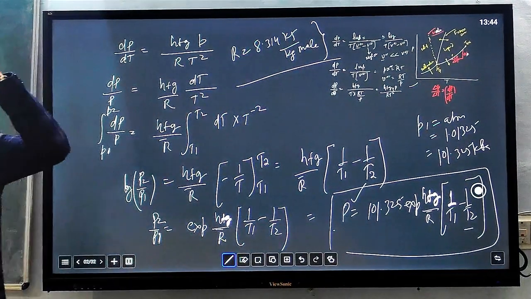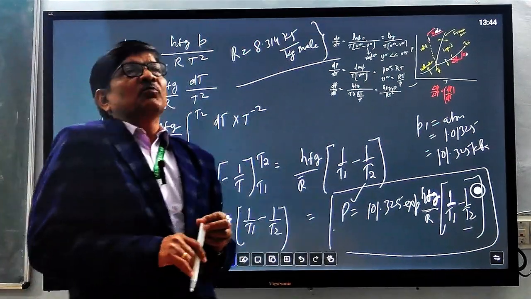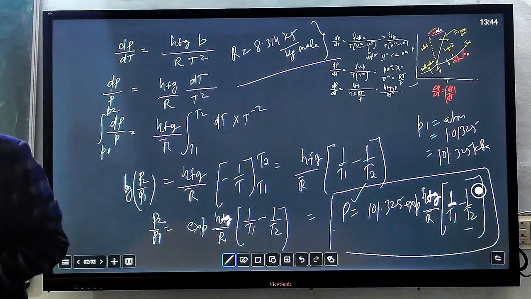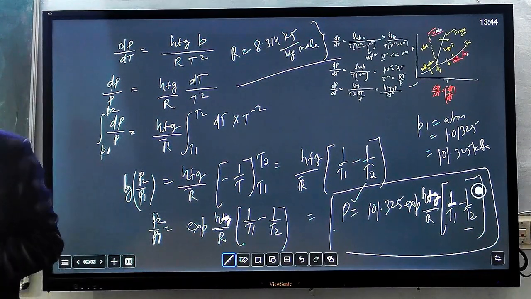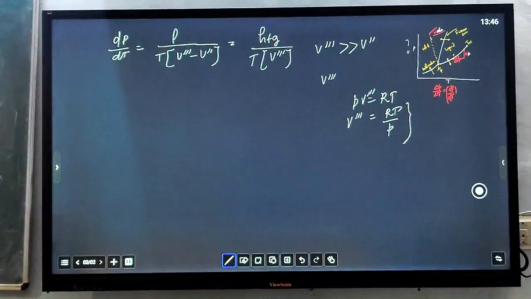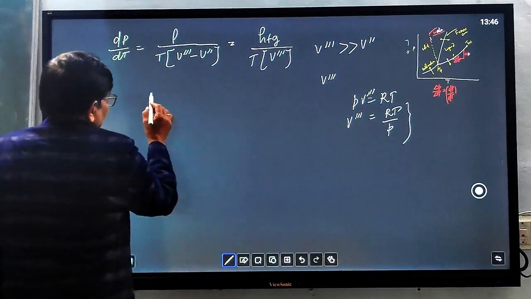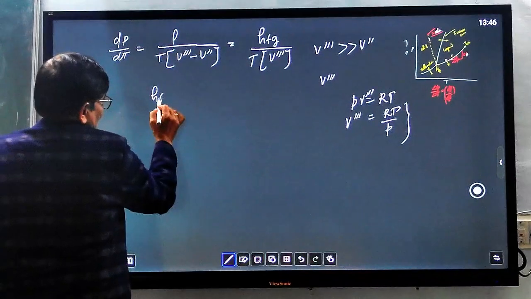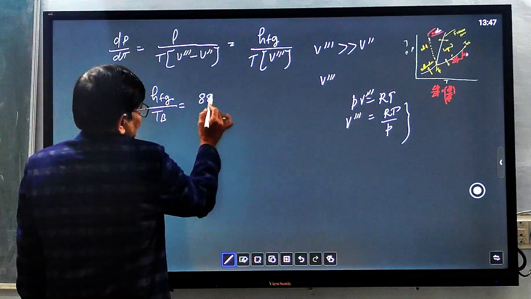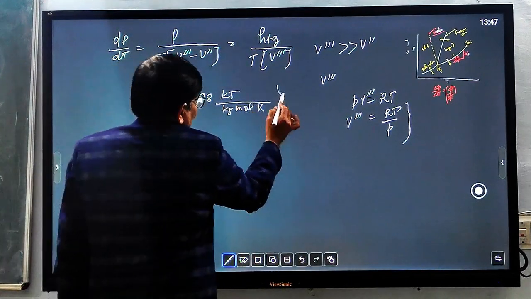another equation was defined by Trouton, because he defined that at boiling point, HFG upon T equal to 88 kilojoule per kg mole Kelvin. By using Trouton's concept, for any gas at boiling point, HFG upon TB equal to 88 kilojoule per kg mole Kelvin.